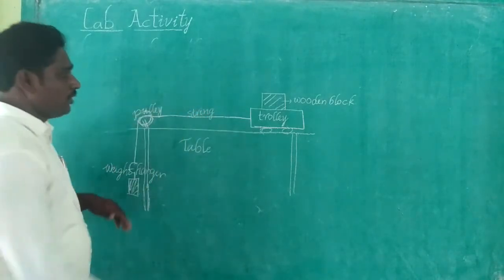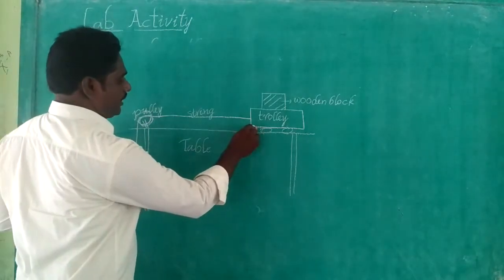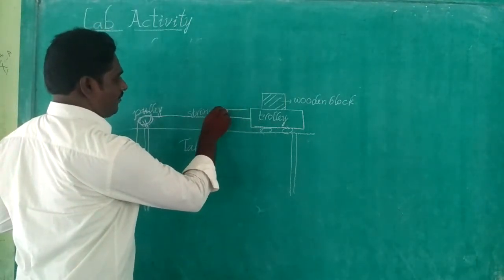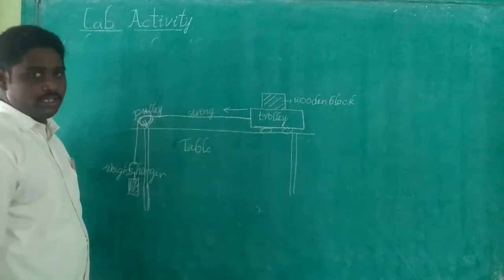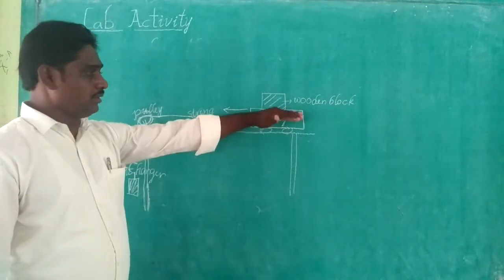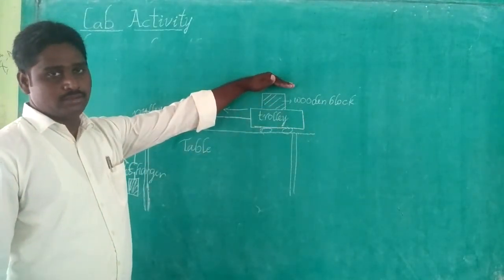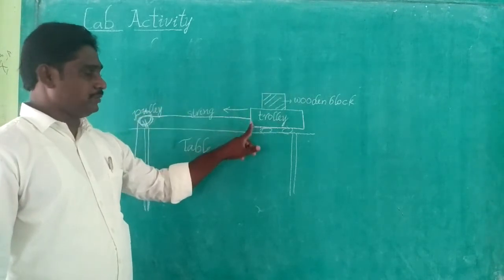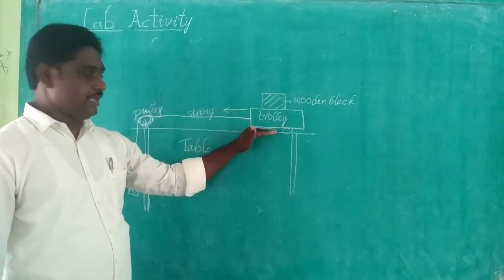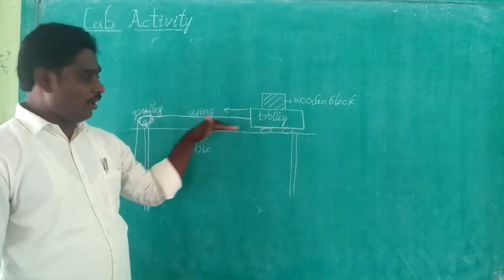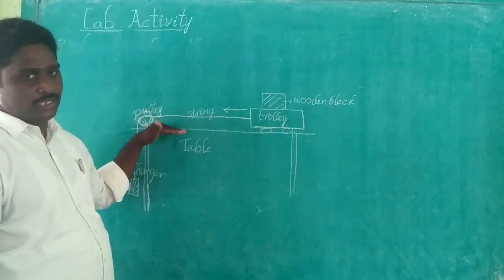Okay, here we observe that this trolley moves in the left direction, and also the wooden plank. The trolley moves on the surface of the table.